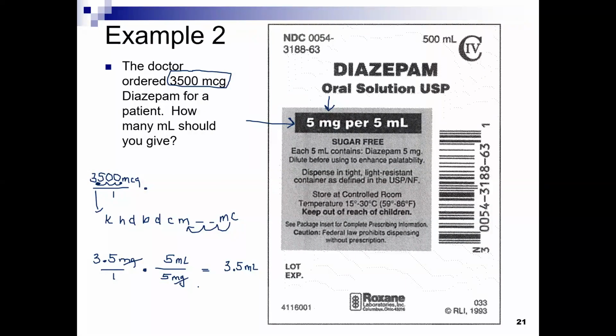Now I do want to show you that you can do this without using King Henry. So if you prefer, you can start with the 3,500 micrograms, put it over 1. And then you can use from off of your pre-lecture notes that there are 1,000 micrograms to 1 milligram.